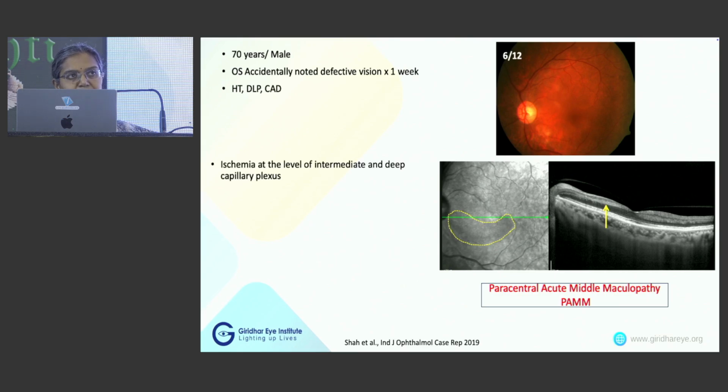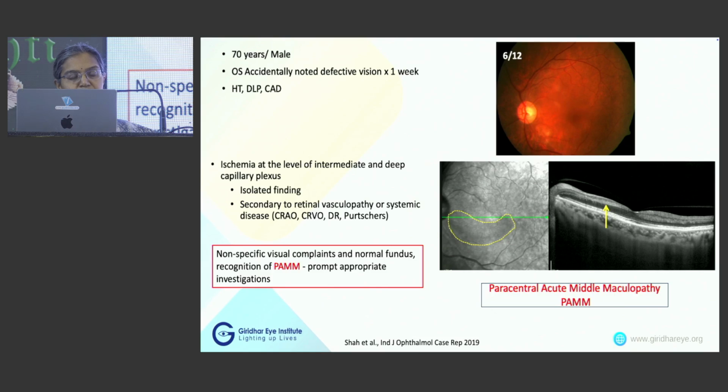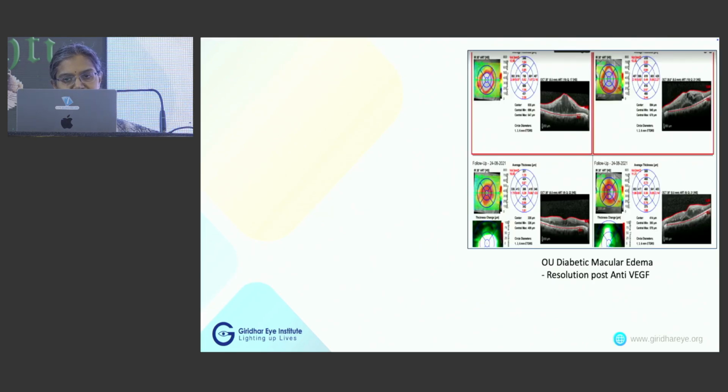It is due to ischemia at the level of intermediate and deep capillary plexus, not the full, it does not involve all the plexus like in a CRAO. It can be an isolated finding, and this is actually only a morphological diagnosis in OCT. It's not a real clinical diagnosis. It can also be secondary to various vascular conditions or systemic disease. So whenever you see this finding in a patient with non-specific visual complaints, we should investigate appropriately.